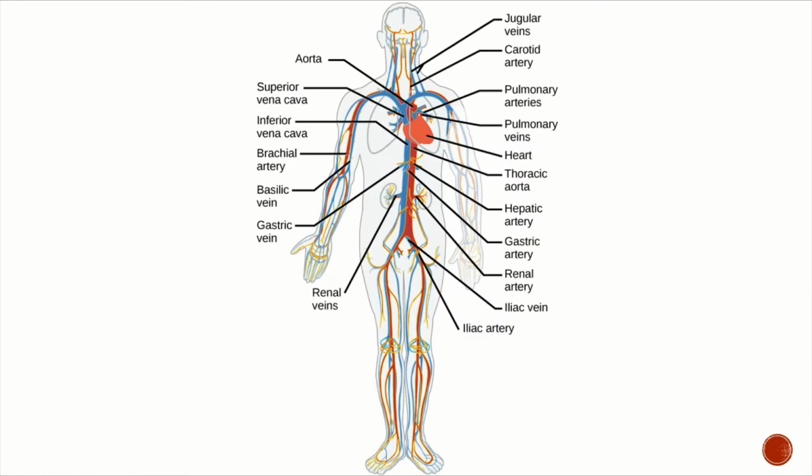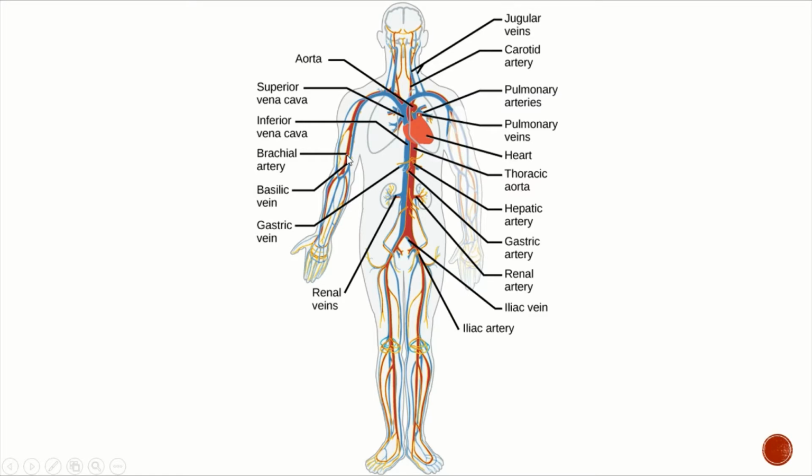of the body. Now, we have the aorta, which is our biggest artery, and it has a thoracic part and an abdominal part. In the thoracic part, it has some branches, and the most important ones are the carotid arteries. These take blood to the head, and then the subclavian arteries that become the brachial artery.